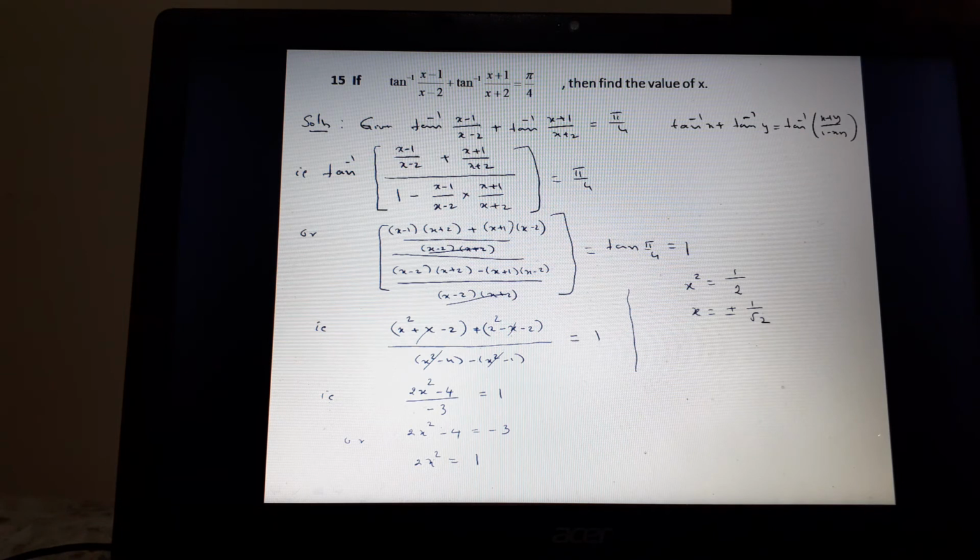But this becomes plus. And here it will be plus only. So if you take minus also, this becomes once again plus. So both values are possible. Therefore the solution is x equal to plus or minus 1 by root 2.